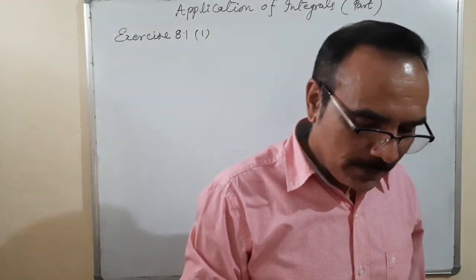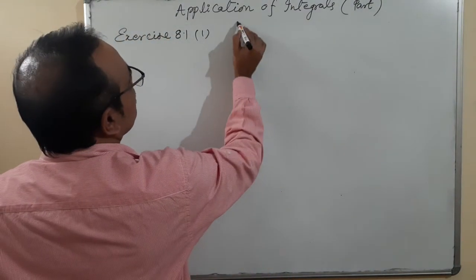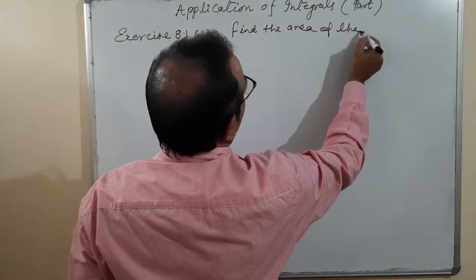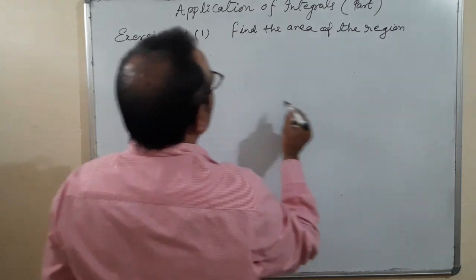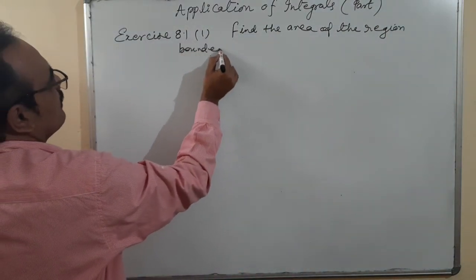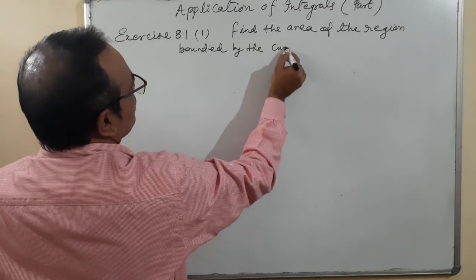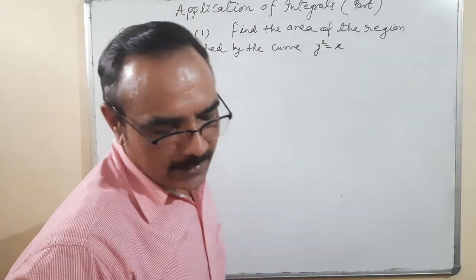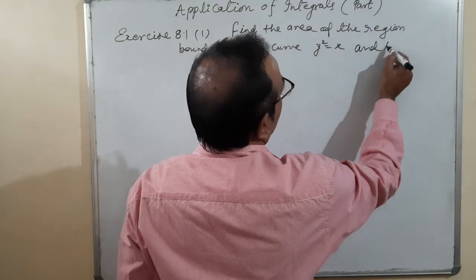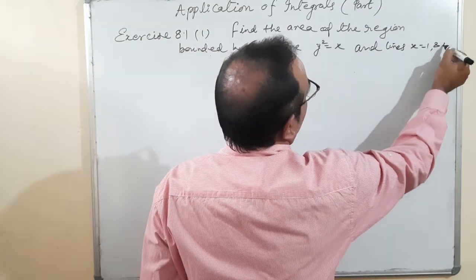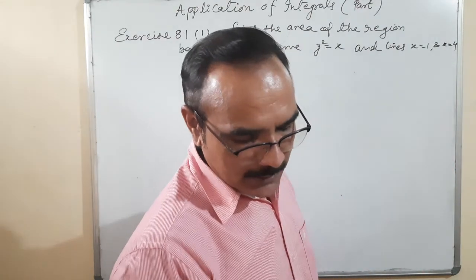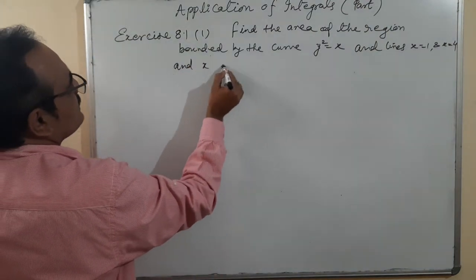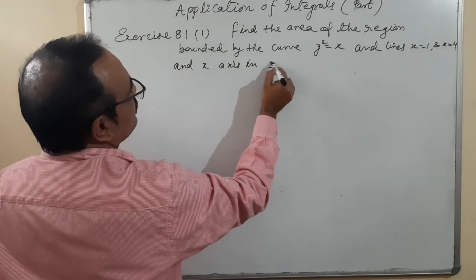Taking question number 1. Find the area of the region bounded by the curve y square is equal to x, and lines x is equal to 1 and x is equal to 4, and the x-axis in the first quadrant.